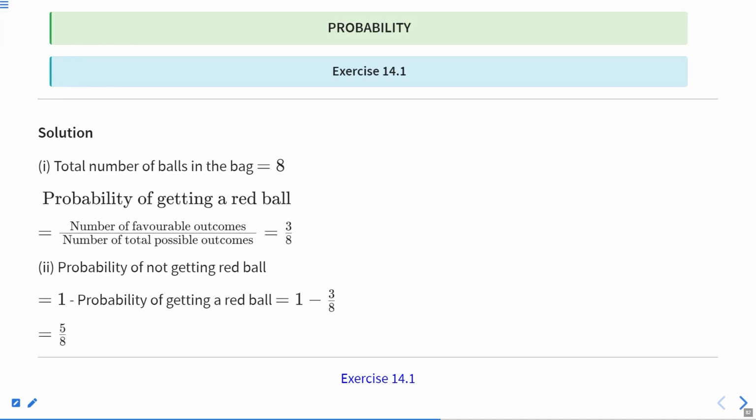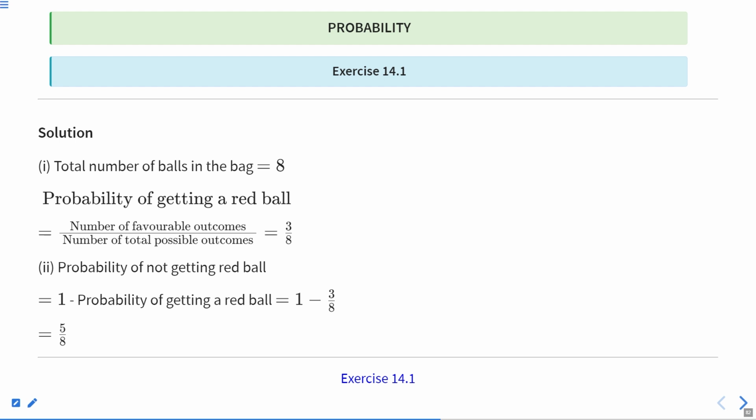Here the total number of balls in the bag is equal to 8. The probability of getting a red ball is equal to the number of favorable outcomes of the event of getting a red ball divided by the number of total possible outcomes. Here the number of red balls is equal to 3, so this is equal to 3 by 8, since the number of total possible outcomes is 8.